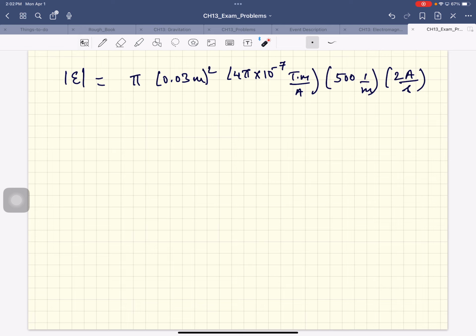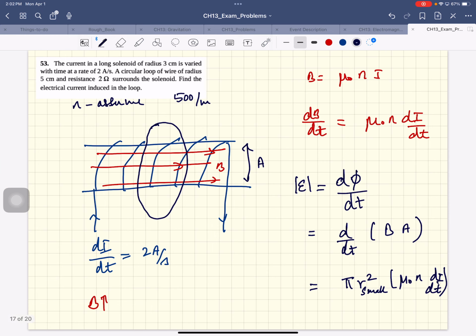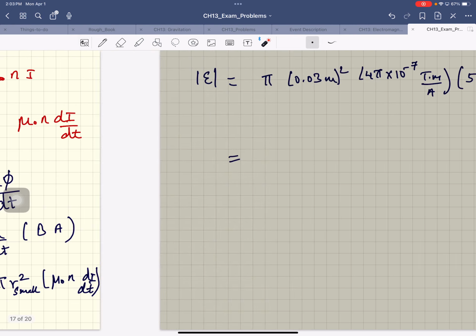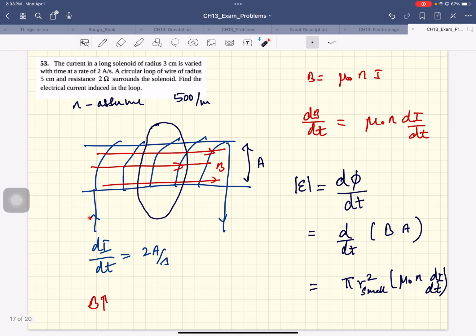All right, so this is the induced EMF in this circular coil. And again, like we said, no matter what the radius of that thing is, as long as you're outside the solenoid, the induced EMF will be the same. So what we're saying is the current in this solenoid wire is changing at 2 amps per second, and you're inducing a current in this coil.